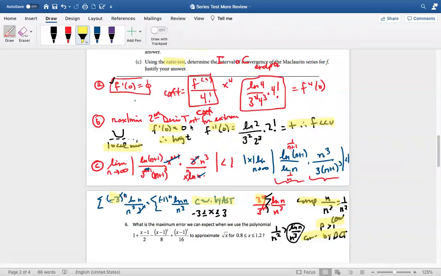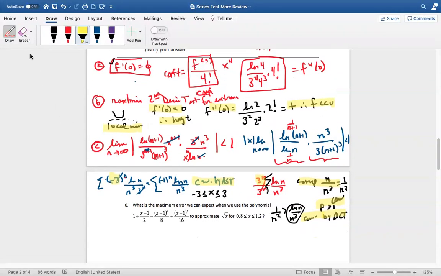You might. Are you going to have to do interval of convergence? Yes. Are you going to have to do the ratio test? Yes. But they're going to be a little more straightforward than the ones you've done for homework. So I don't want you to freak out too much. You want to practice harder problems, prepare for the worst, and hope for the best.